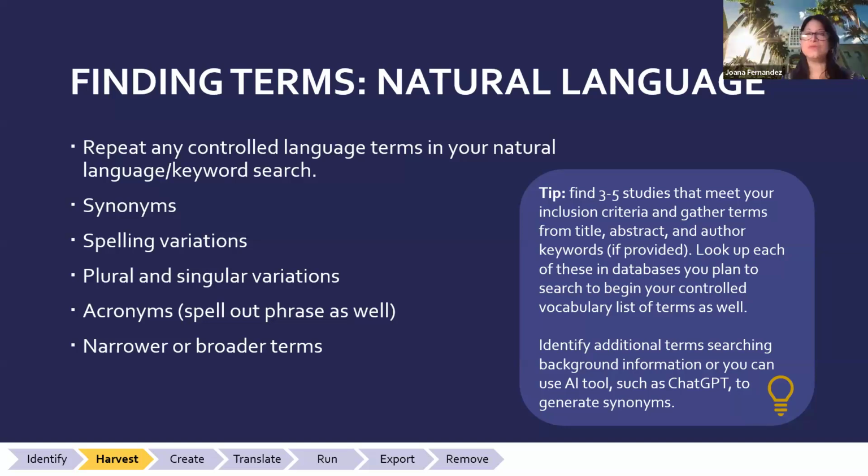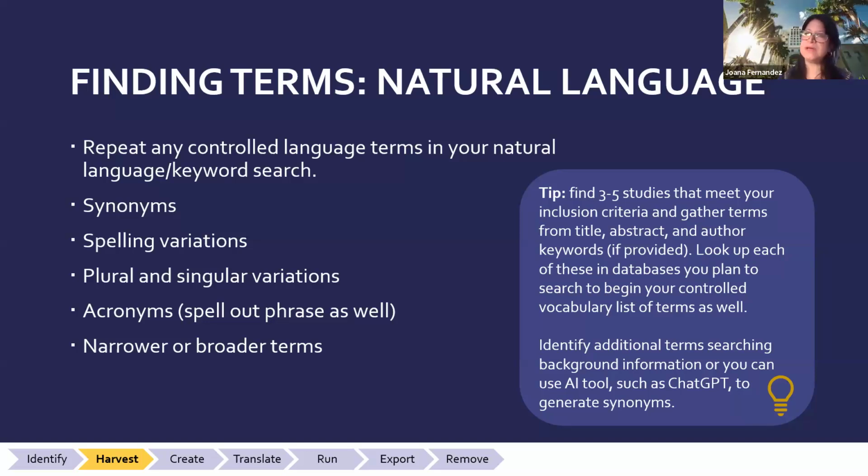It is very useful to spell out the acronym or to use the acronym itself in combination, because sometimes it appears in one or another way in the articles, and also using narrower terms or broader terms. So this is up to the researcher, evaluating and finding if sometimes, because you are not finding enough articles, a broader term or a more specific term could bring you more.